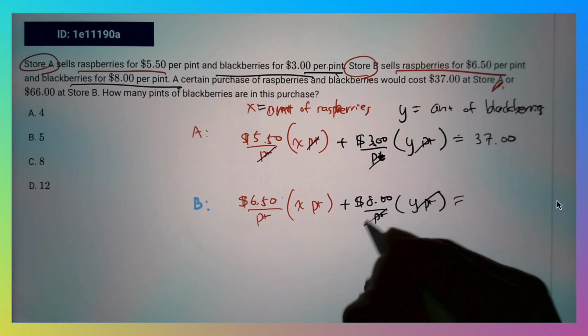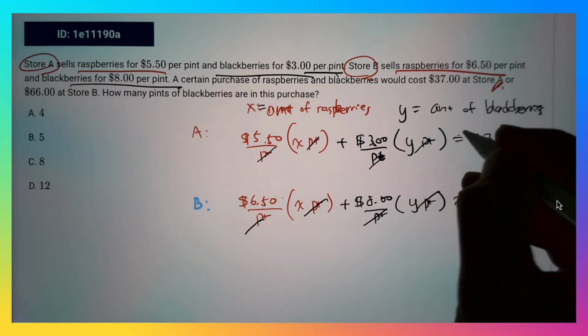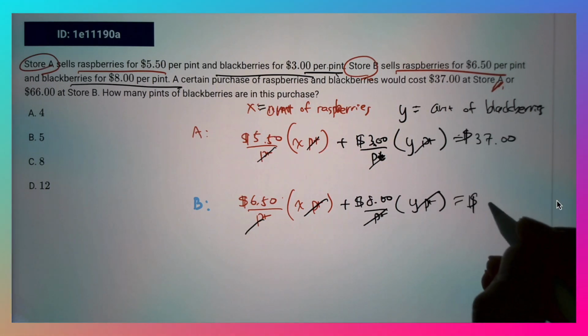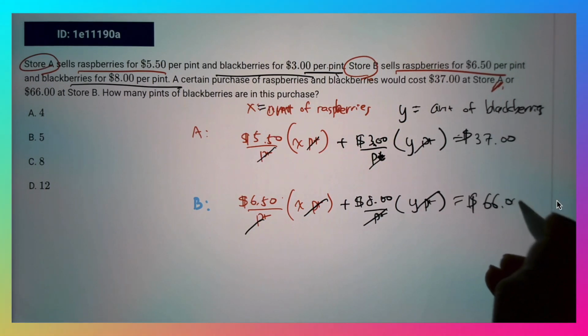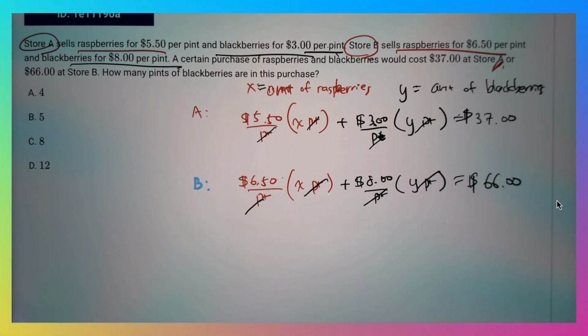And yes, the pints cancel. Dollar plus dollar will give you dollars, and this is $66. Okay, it's kind of messy, but I'm just gonna pull out the necessary information.